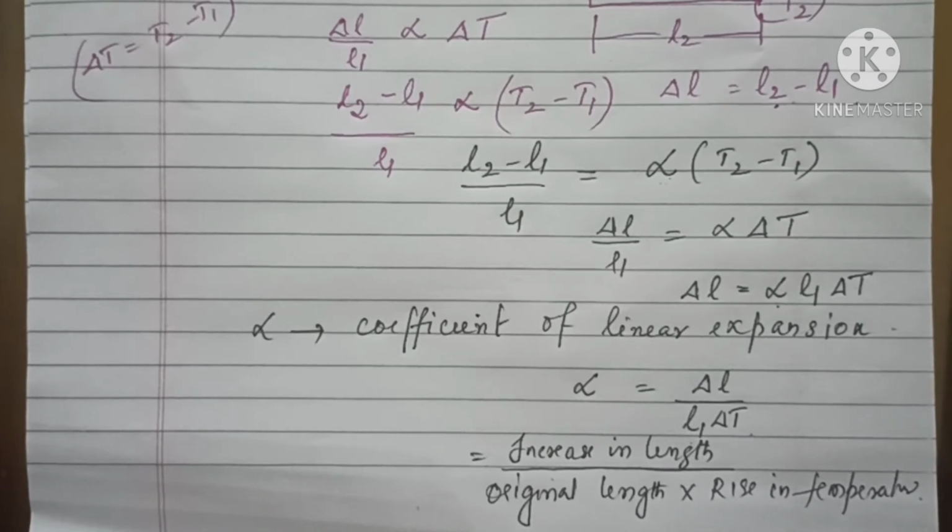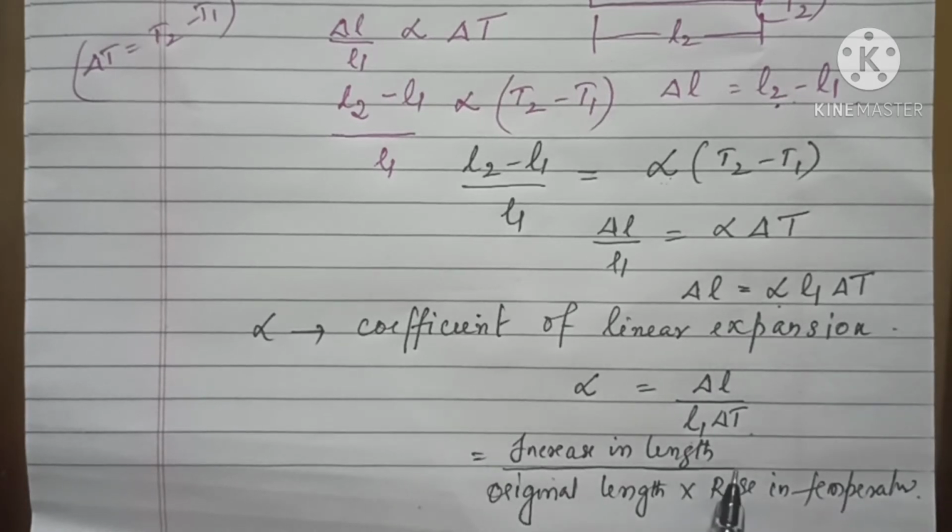Clear? So how can you define this alpha? How can you define this coefficient of linear expansion? It is the increase in length per unit original length per degree rise in temperature. Understood?